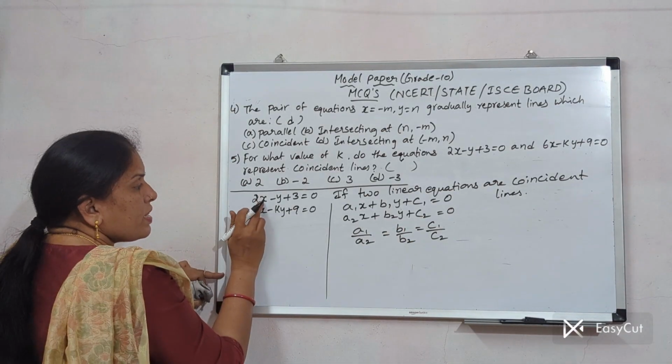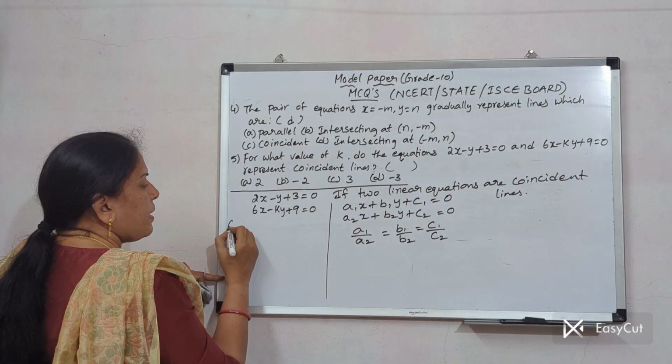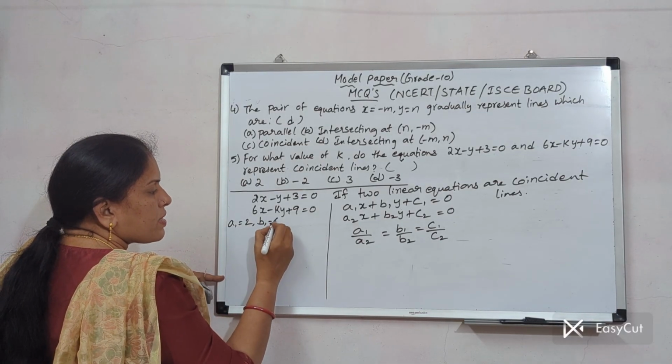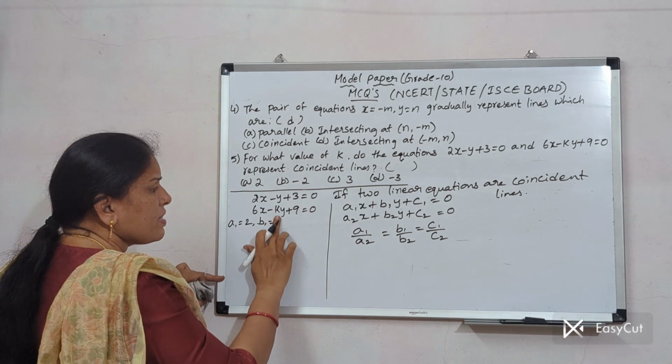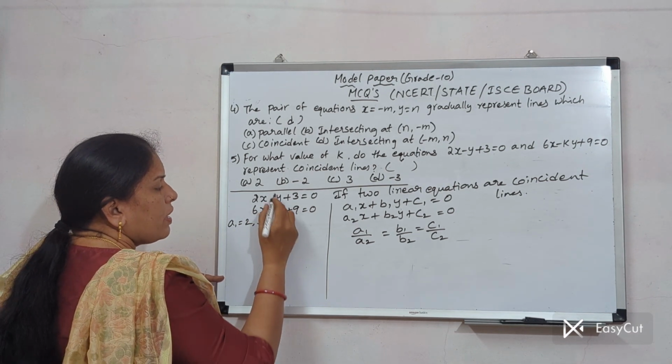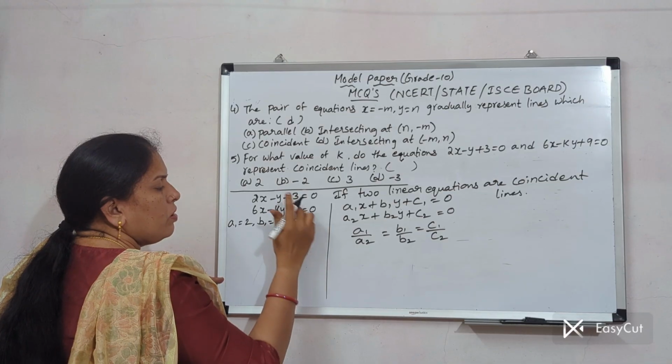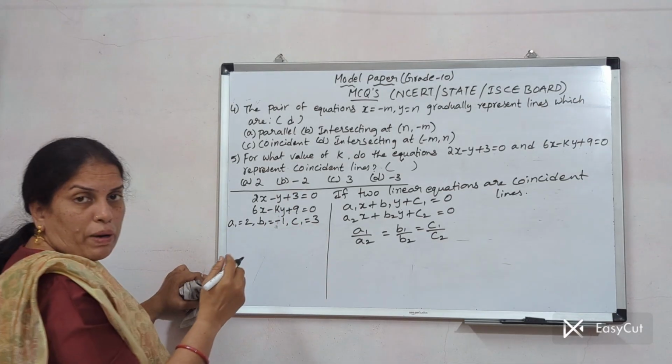Okay, ma? What is the coefficient of x? 2. That means a1 equal to 2. Sorry, a1 is equal to 2. b1 equal to minus 1. c1 equal to 3. Understood, ma?